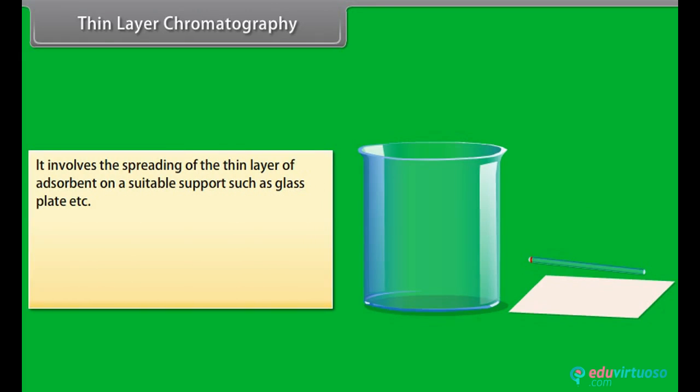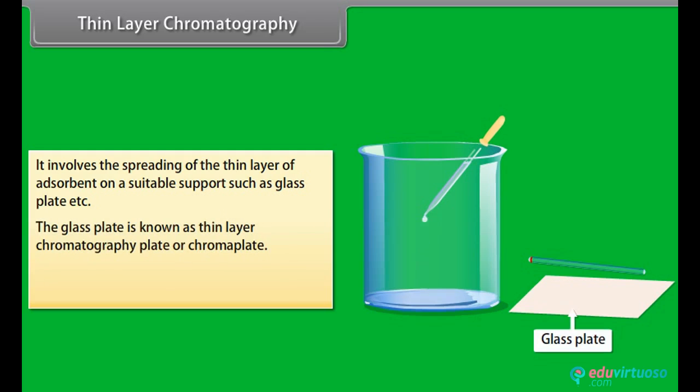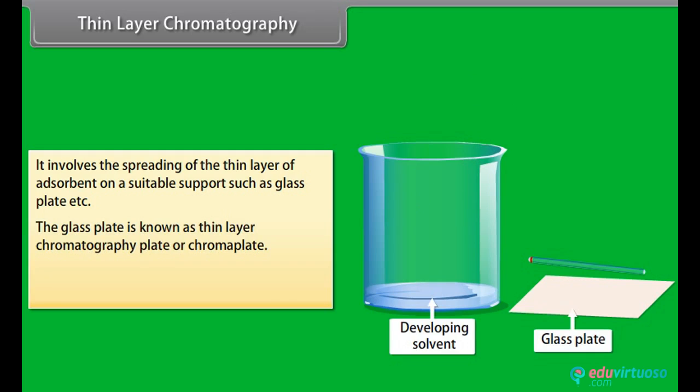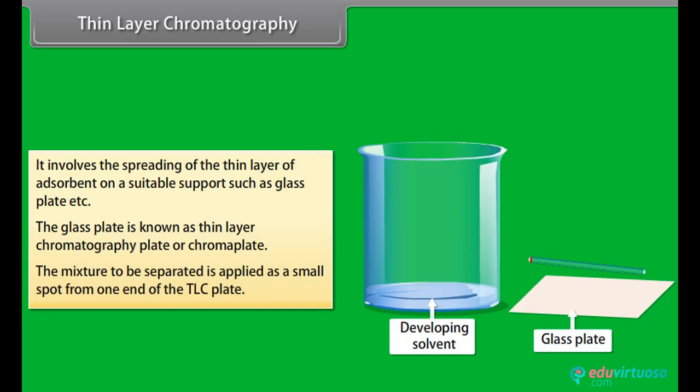Thin layer chromatography. It involves spreading a thin layer of adsorbent on a suitable support such as a glass plate. The glass plate is known as the thin layer chromatography plate or chroma plate. The mixture to be separated is applied as a small spot near one end of the TLC plate.